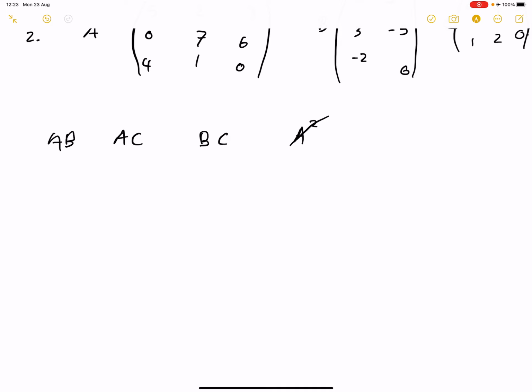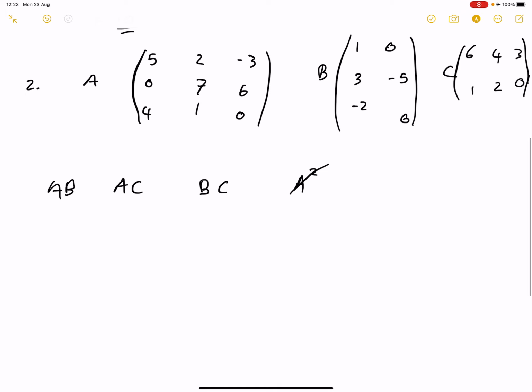It's fine. AB is a 3 by 3 times a 3 by 2. So that will work because the 3 here and the 3 here are the same. AC is a 3 by 3 multiplied by a 2 by 3. So that won't work, so our answer is AC.